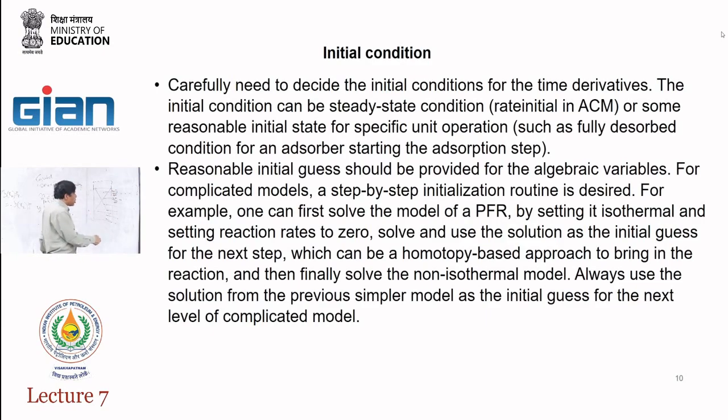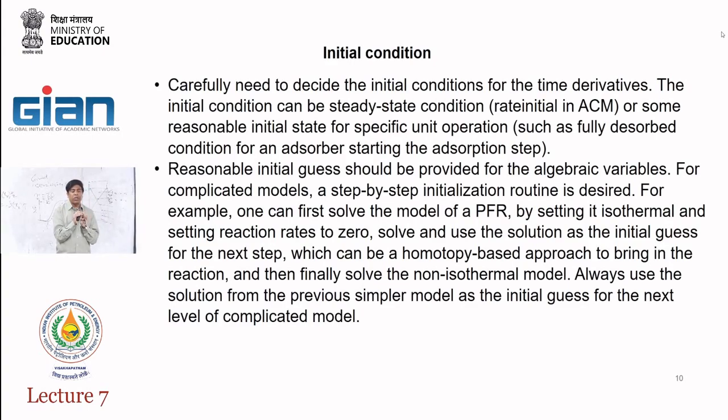And this is really the takeaway message. You can think about what would be a simpler model that can create a good initial guess for the next round of the complicated model.